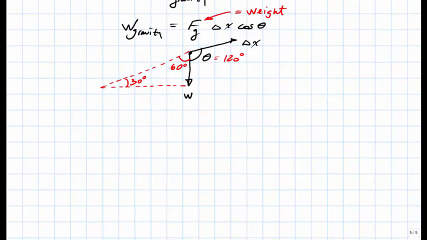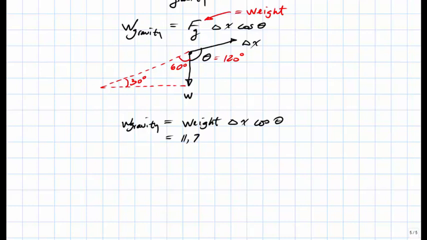And so the work done by gravity just equals the weight, which is of course the force of gravity, times the displacement, times the cosine of the angle. Now we calculated the weight as 11,760.